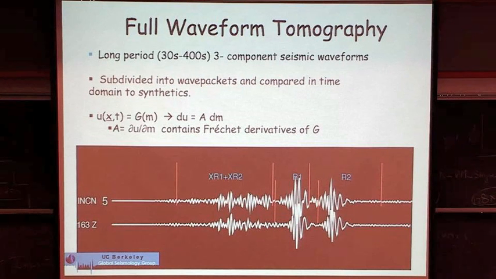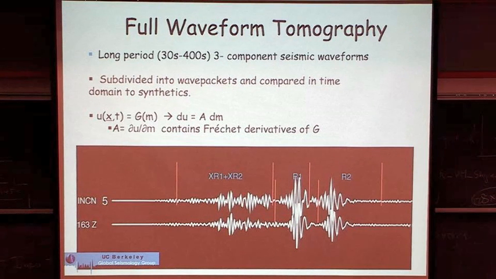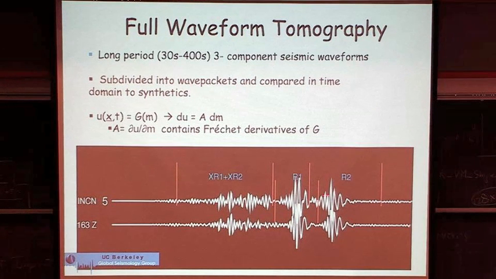And then you window your seismogram so that you can isolate arrivals of energy, because if you don't do that, then the waves that dominate the seismogram will dominate in the inversion, and these will always be the surface waves at long periods. So you set up an inverse problem, which is comparing point by point, say, your synthetics to your observed in some wave packets, and that's what you invert.